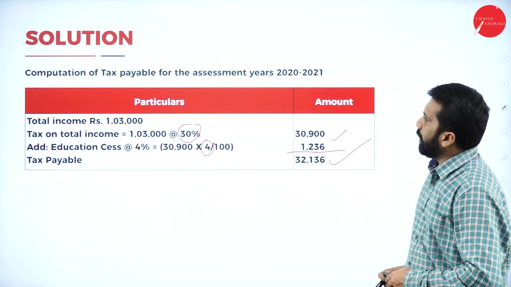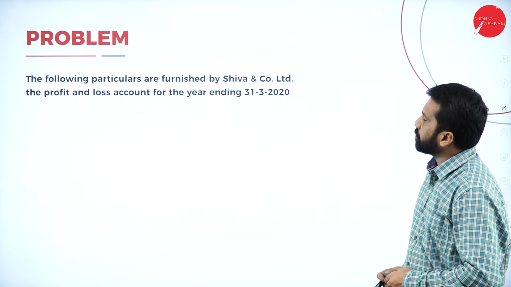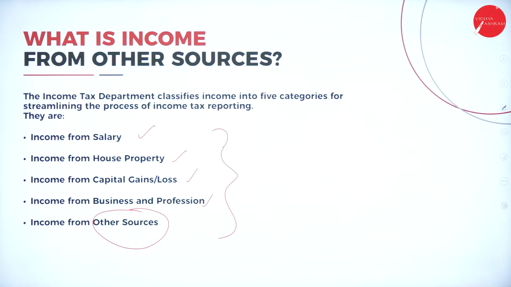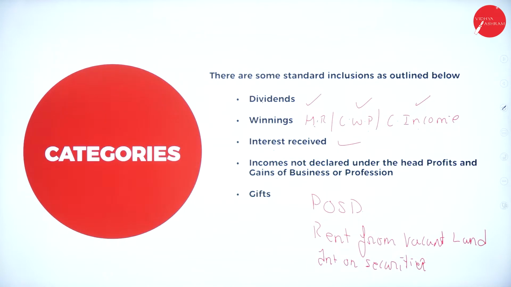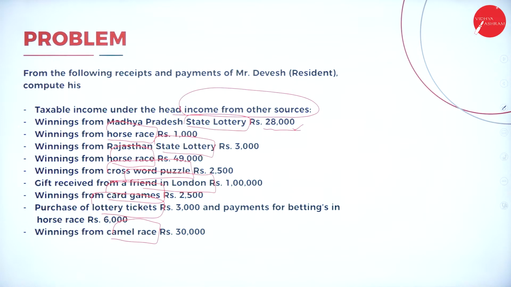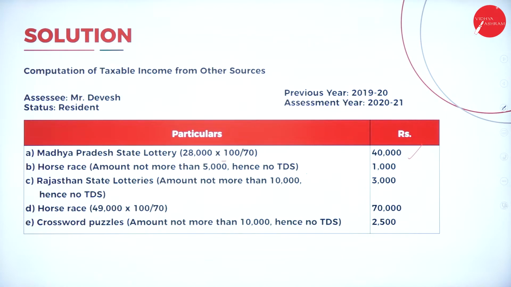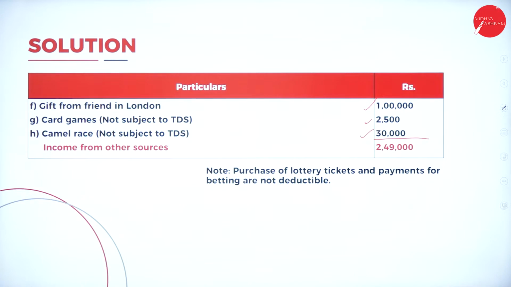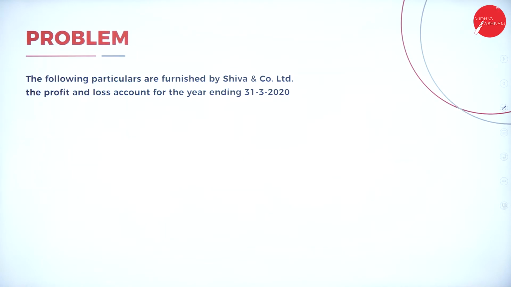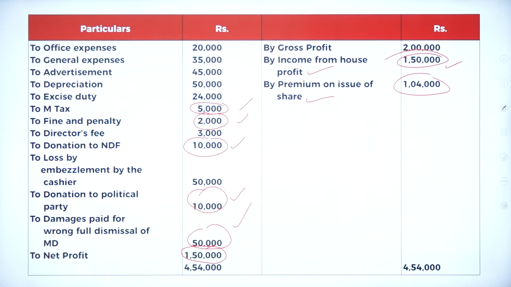So remember, I'll go back to all the previous slides. So this is only the information. So these are the income from other source. Write any 10 items. Remember this. So these are the problems on income from other source. Write everything and add. So this is the solution for that. And this is your problem number 3, assessment of company. And this is the question.